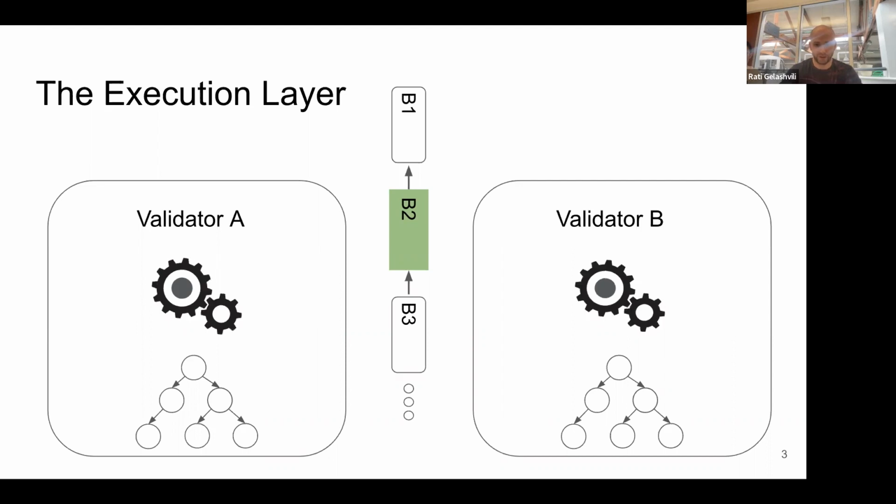Every validator will go and execute the transactions in this block. It's really important that the transaction output of executing will be deterministic. Then this deterministic output will be applied to the storage, and then we'll continue with the next block from here.